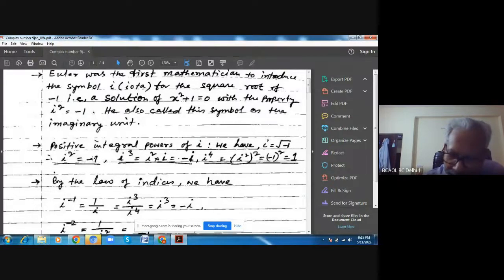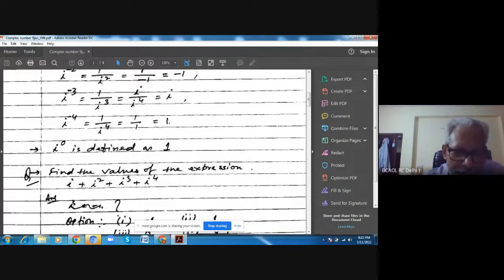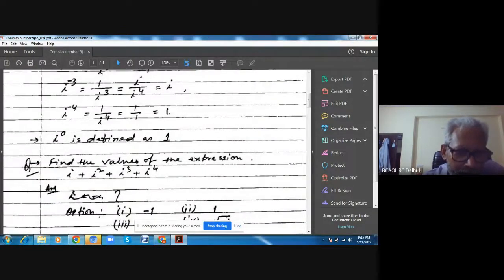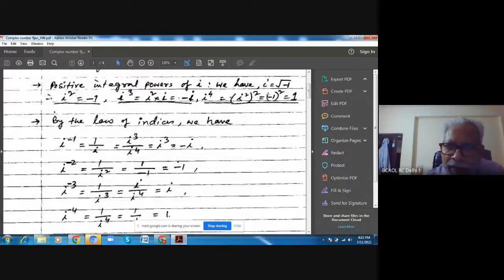This is -1, so you can put -1 here. Simply iota is iota.